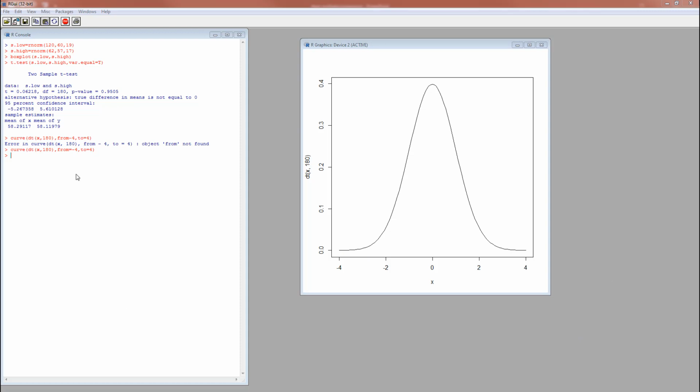We can retrieve these threshold t-values using the quantile function of 0.025 with 180 degrees of freedom, which gives us a value of minus 1.97, which is very close in this region here. Similarly, we can calculate the opposing value. We can plot these on the graph.